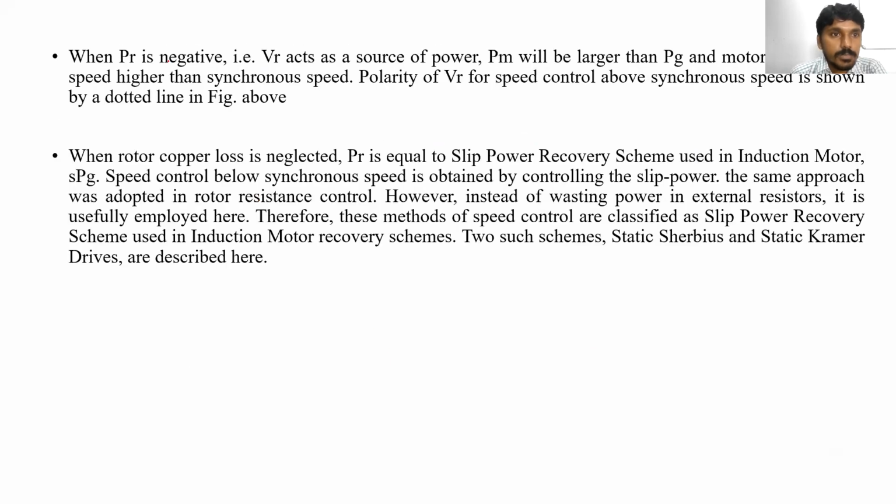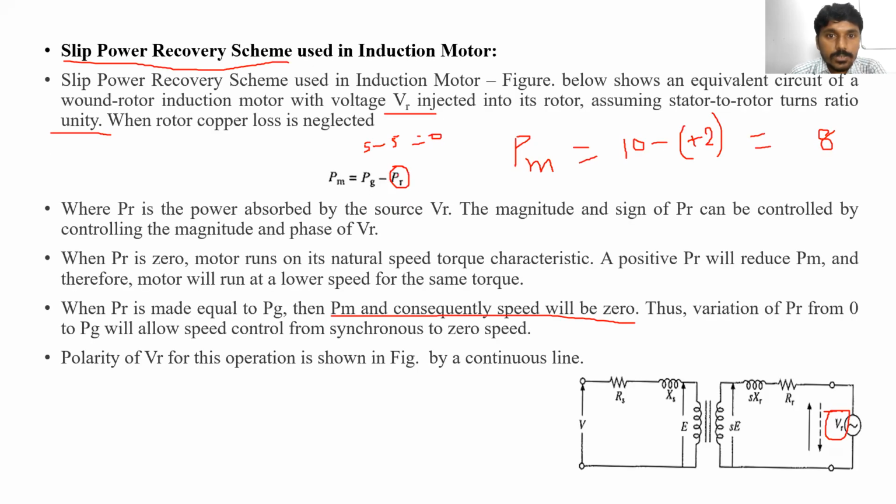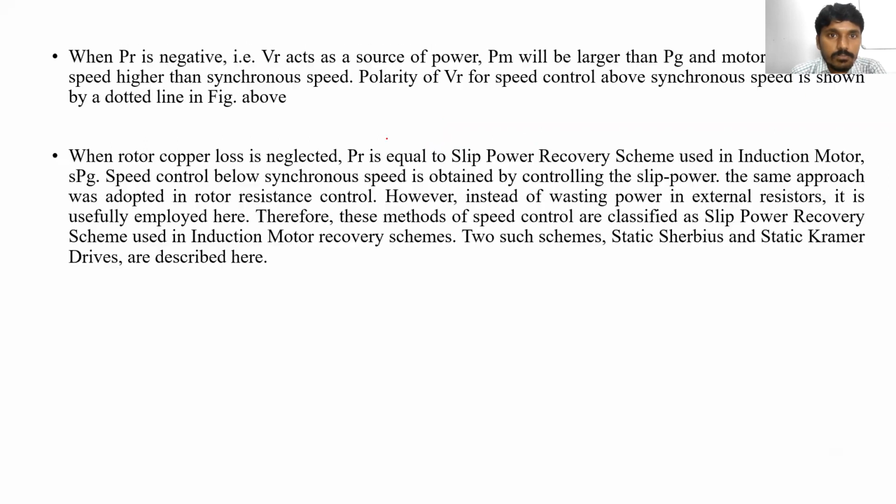Next, when PR is negative, VR acts as a source of power. When the PR value is negative, the VR voltage given to the rotor circuit acts as a source of power. PM will be larger than the PG.